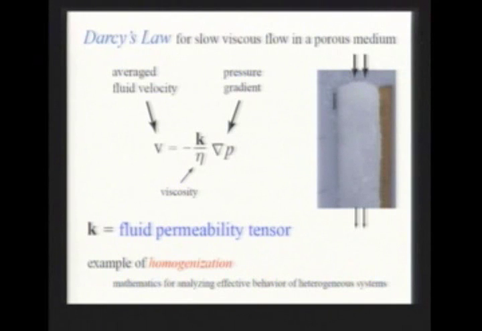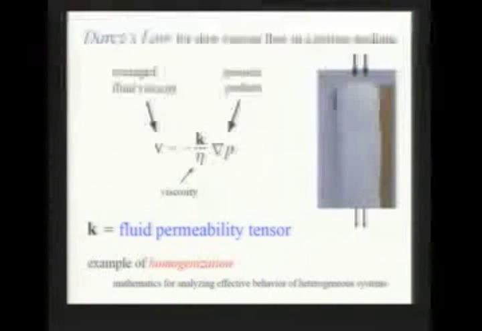So how do you describe slow viscous flow in a porous medium? Well, Darcy's law, where the averaged fluid velocity is related to the pressure gradient by a fluid conductivity, where the denominator is the viscosity, and the numerator is this fluid permeability tensor, which basically depends only on the geometric characteristics of the pores. This is an example of one of the fields in mathematics I work in, called homogenization, which is the mathematics for analyzing effective behavior of heterogeneous systems.